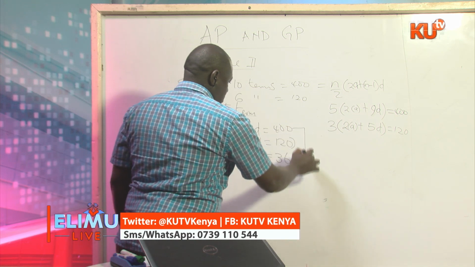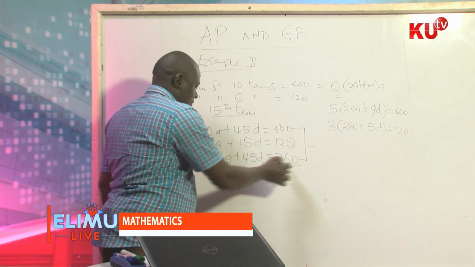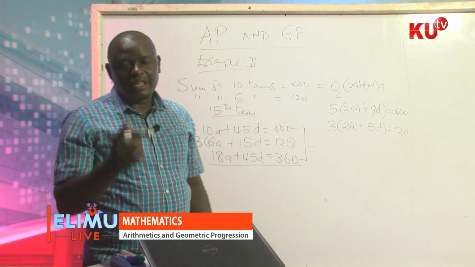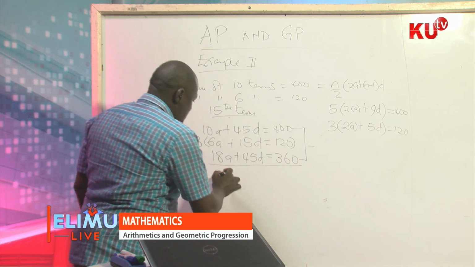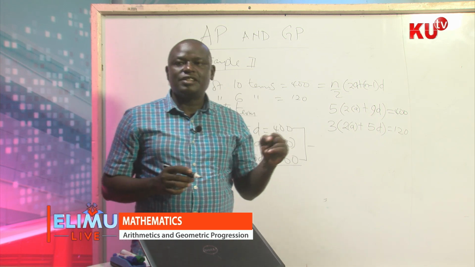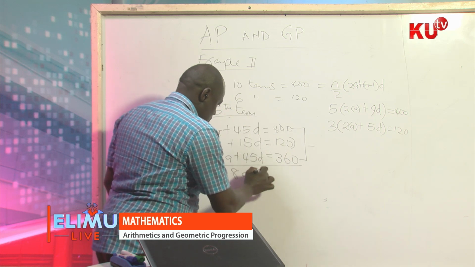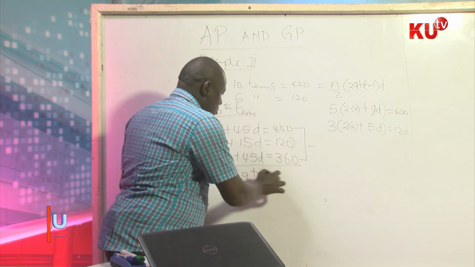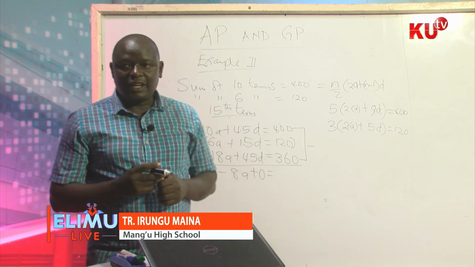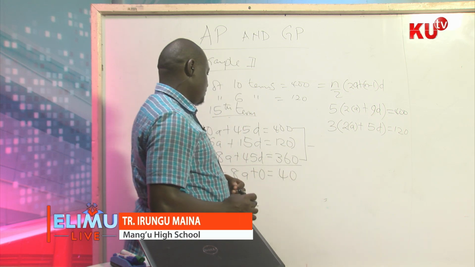Then we subtract the first equation minus second equation. 10A minus 18A gives me negative 8A. 45D minus 45D disappears, so it is plus 0. Equals 400 minus 360, you are getting a 40.